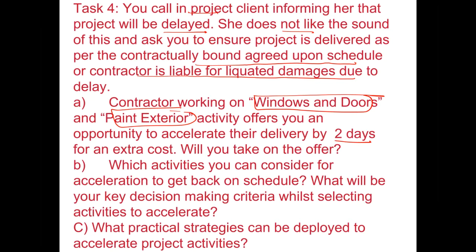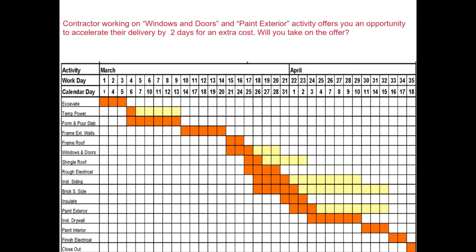Okay, so let's go to our bar chart again: windows and doors and painting and exterior. Both of them have offered an acceleration by 2 days, right?